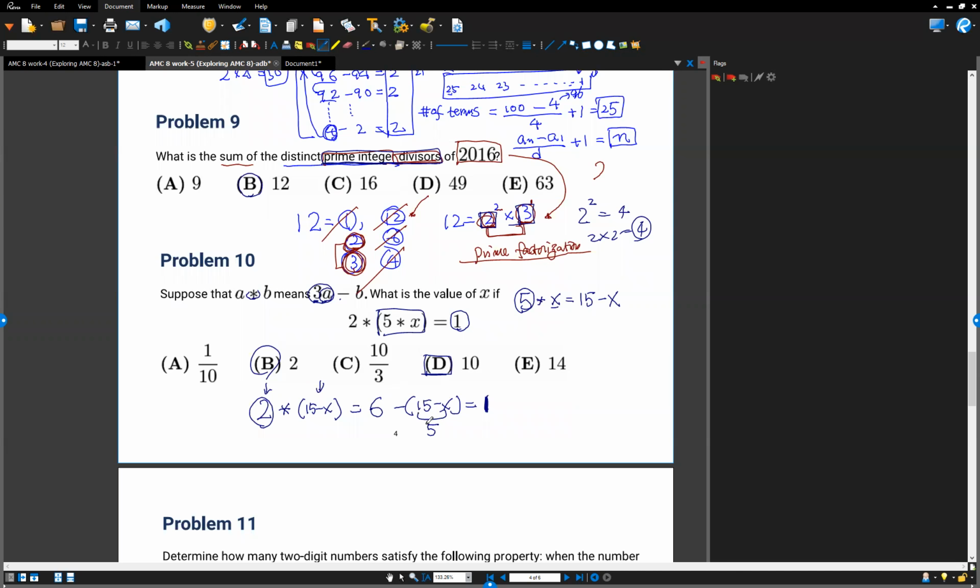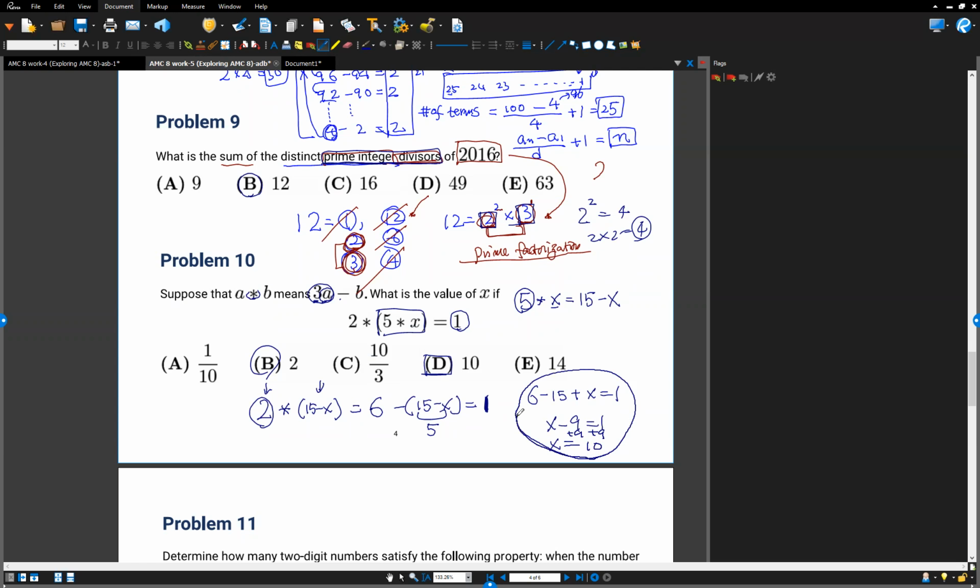There is another way, you don't have to solve all this. 6 minus 15 plus X equals 1. X minus 9 equals 1. X equals 10.